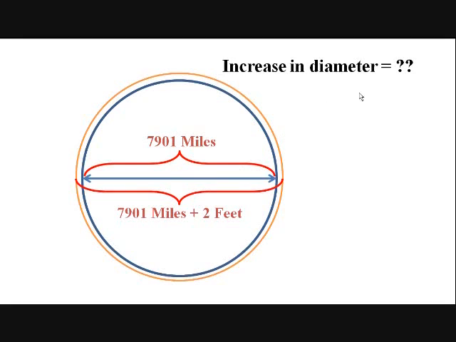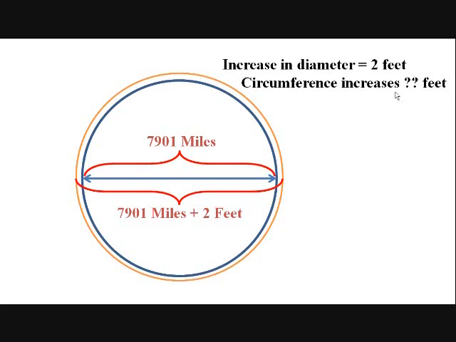So the increase in the diameter is 2 feet. But that begs the question: when we increase the diameter by 2 feet, how much do we increase the circumference by? I want you to pause and ponder on that for a moment.